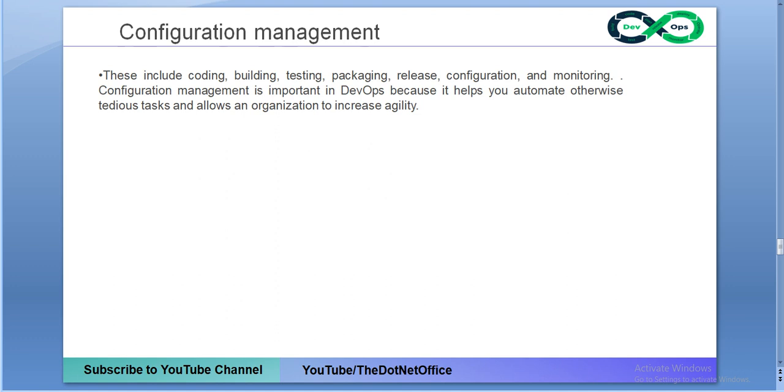So this configuration management includes coding, building, testing, packaging, releasing, configuration and monitoring. Configuration management is important in DevOps because it helps us to automate. Otherwise it is a very risky task, and it allows an organization to increase agility.